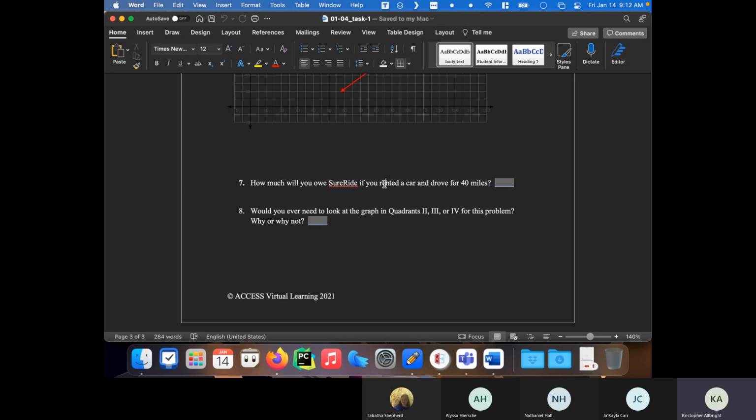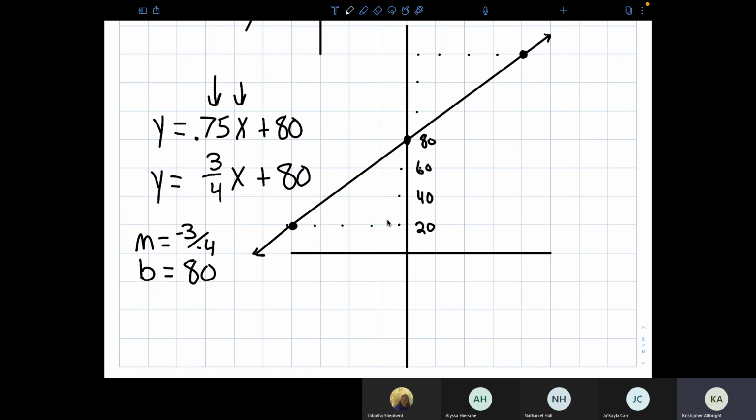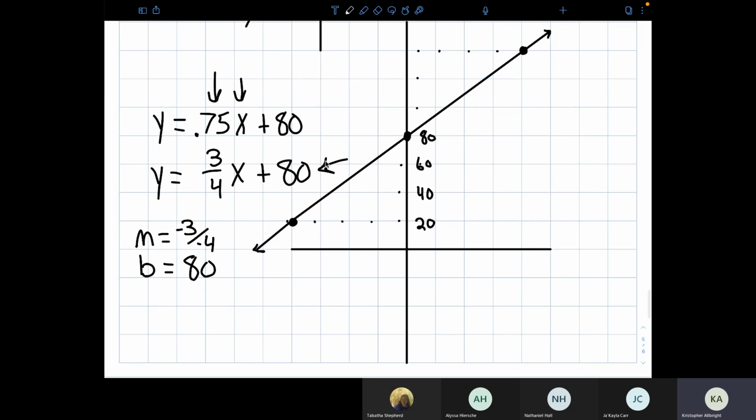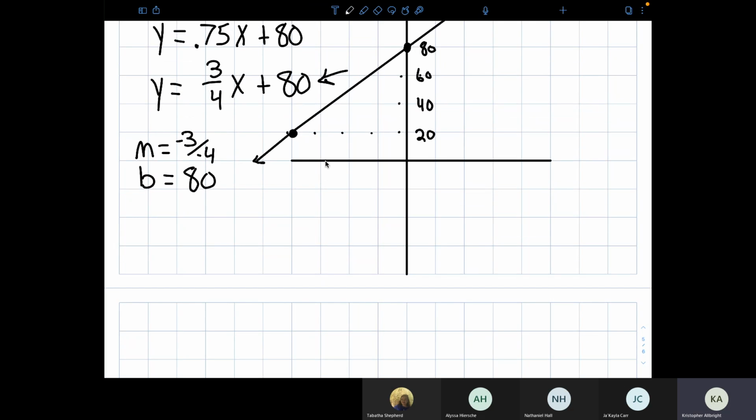And right here, how much would you owe the car rental company if you drove for 40 miles? I'm not going to do that one, but I will do a similar one. So if we wanted to know how much 20 miles would cost us, all we would do is take this and plug it in. So we're plugging it in for x. y equals 3/4 times 20 miles plus 80.